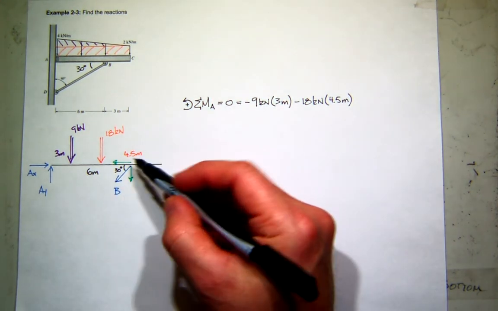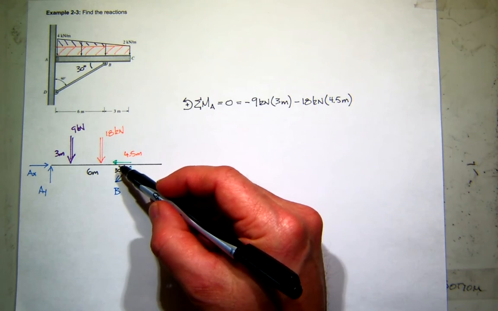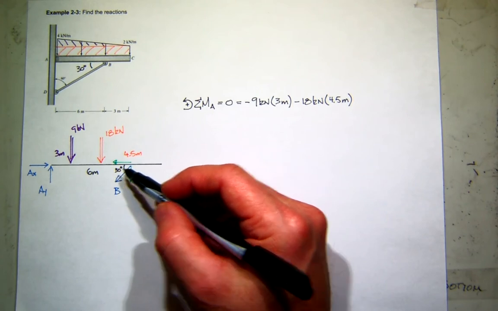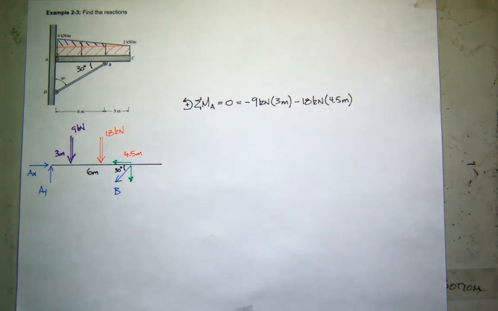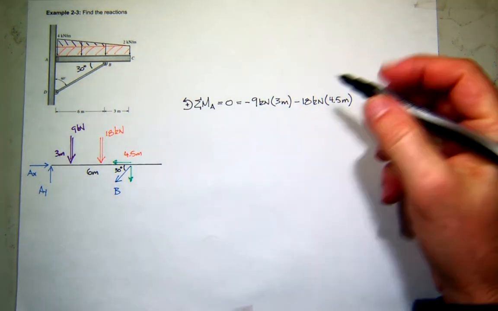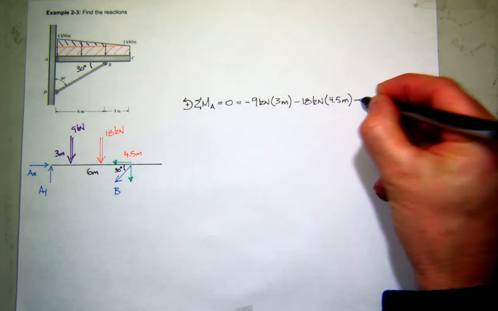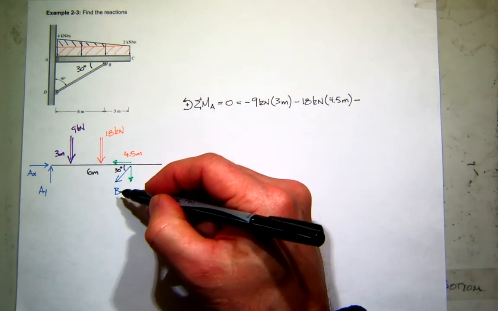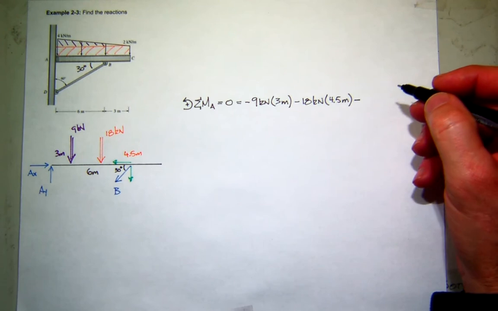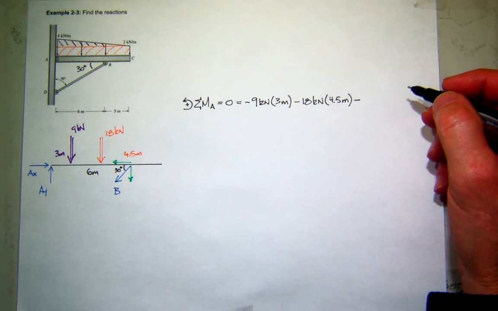Does the x component create moment about A? No. But the y component does. What kind of moment, positive or negative with my sign convention? Negative. And what is that component? It's B times the sine or cosine of 30?